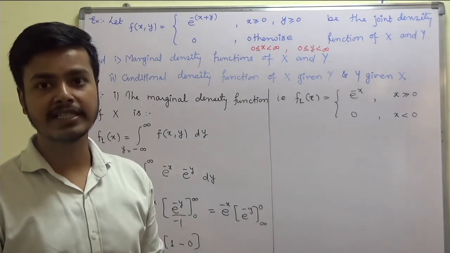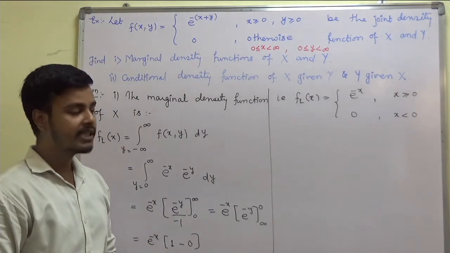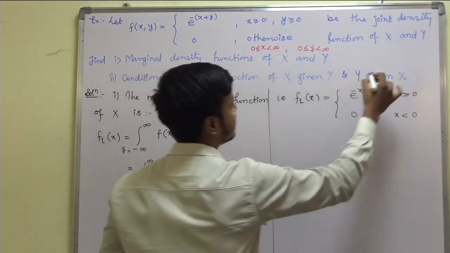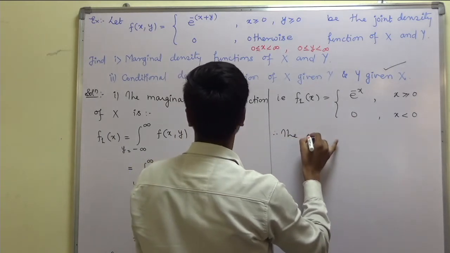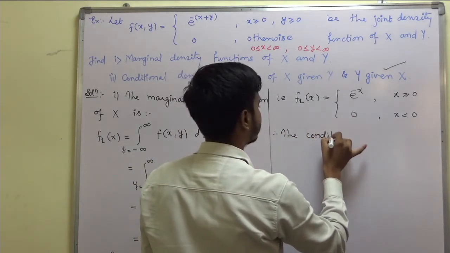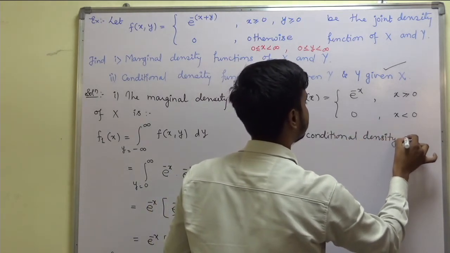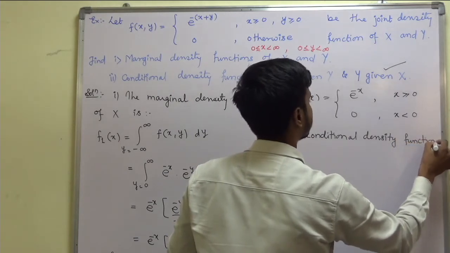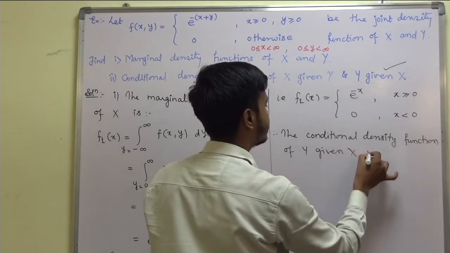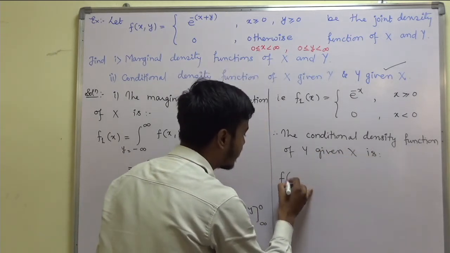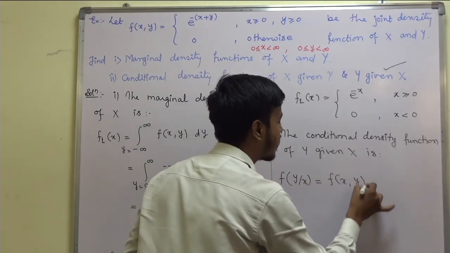Okay. Now we got the marginal density function of x. Once you get it, you can easily find out the conditional density function of y given x. Therefore, the conditional density function of y given x is f of x, y upon f1 of x.